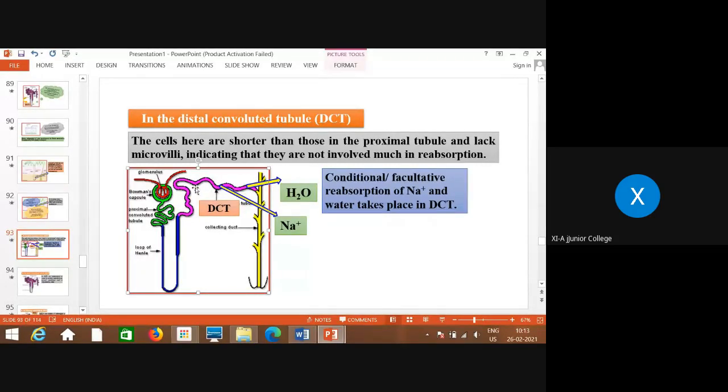As and when required, water can be reabsorbed by the cells of DCT, and that is controlled by ADH, the antidiuretic hormone secreted by the pituitary gland.